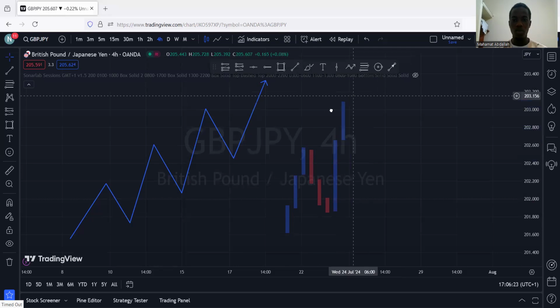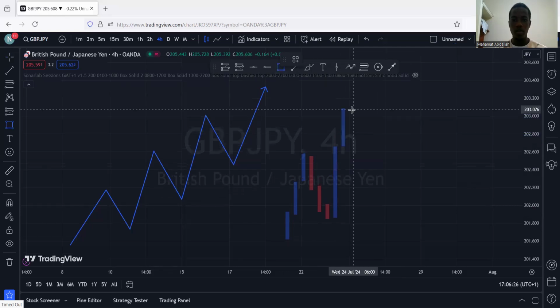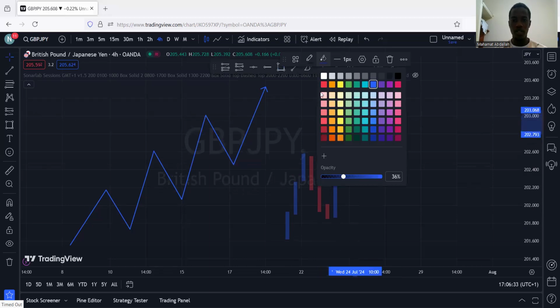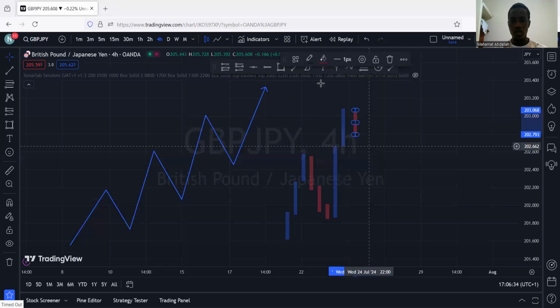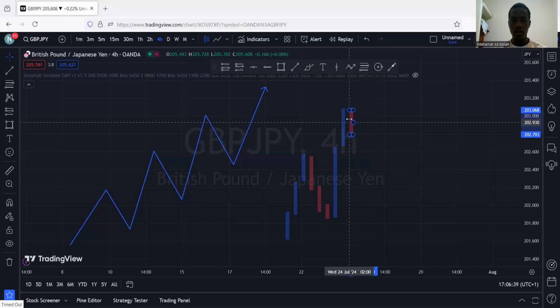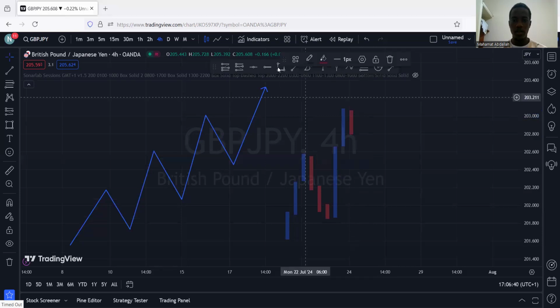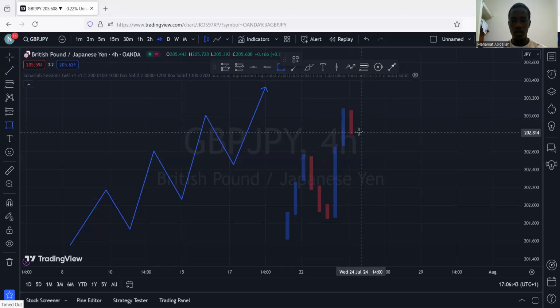Then you have another bearish correction from here, let me keep that bearish. So you have the correction, and then you have the next impulsive move to the upside.